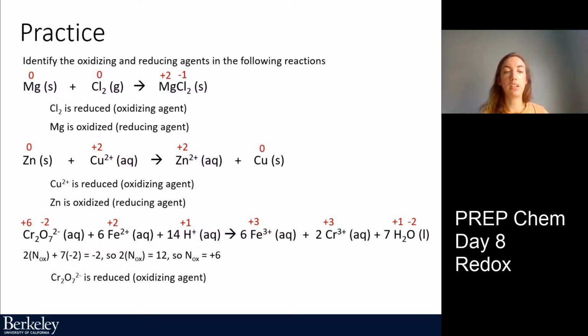So Cr2O7 is reduced because the oxidation number of chromium goes from +6 to +3. And then iron is oxidized because its oxidation number goes from +2 to +3. So it goes up, it loses electrons, it's oxidized by reducing Cr2O7.